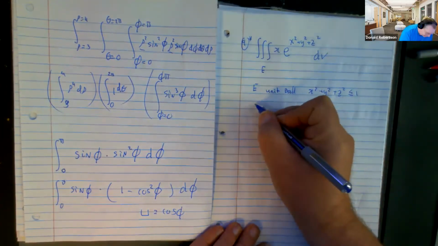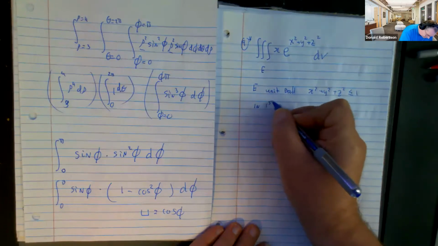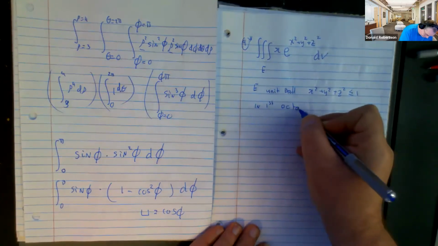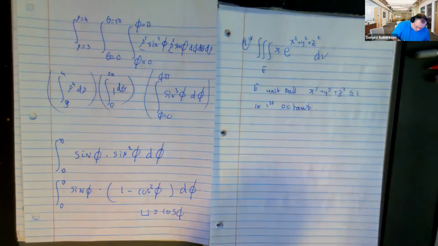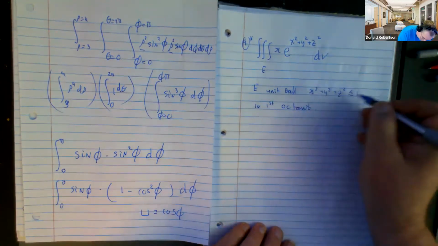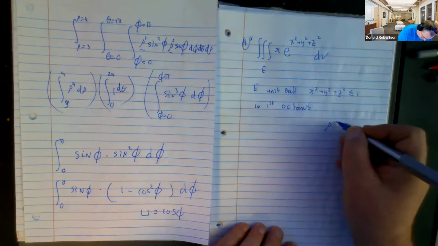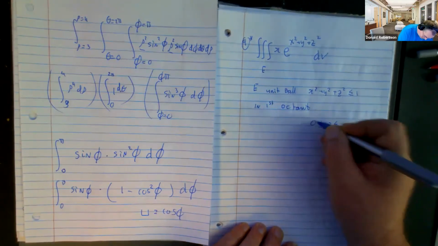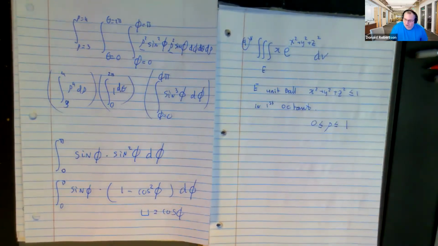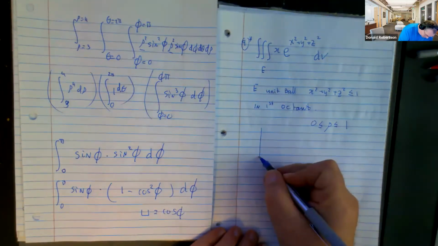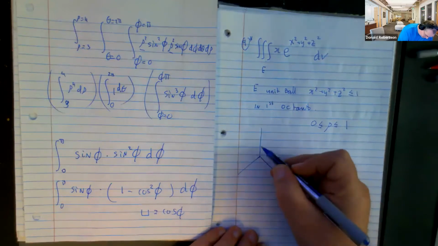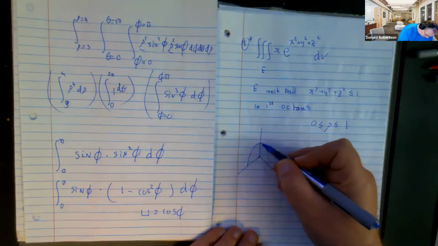What's the big deal is, it's in the first octant. This is a sphere, radius 1. That's the only easy bit. Now, when they're talking about the first octant, I'm not even sure I can draw this.